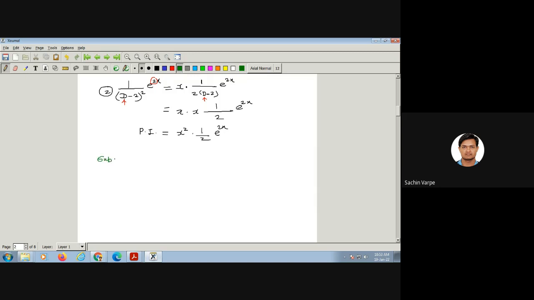Sub case 1 says, if f of x is an exponential function, but an exponential function of this form, a raised to x. This is also an exponential function, right? So how do I write a raised to x in terms of e? Can I write this in terms of e?